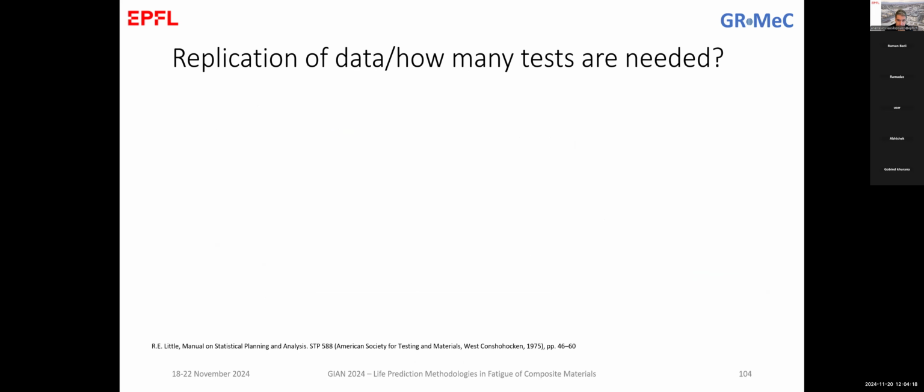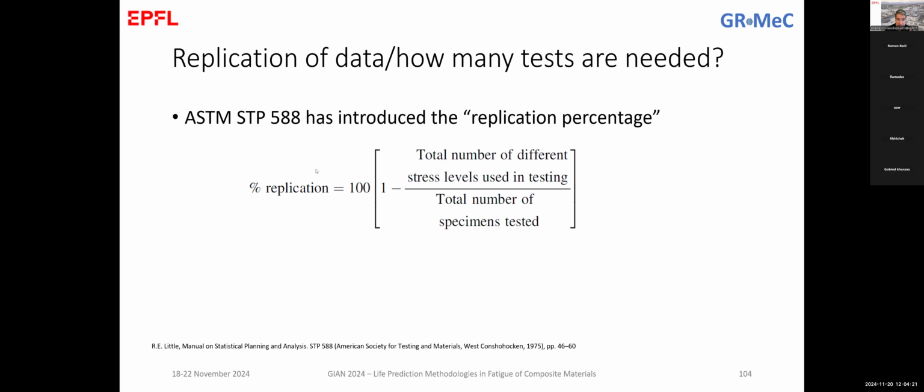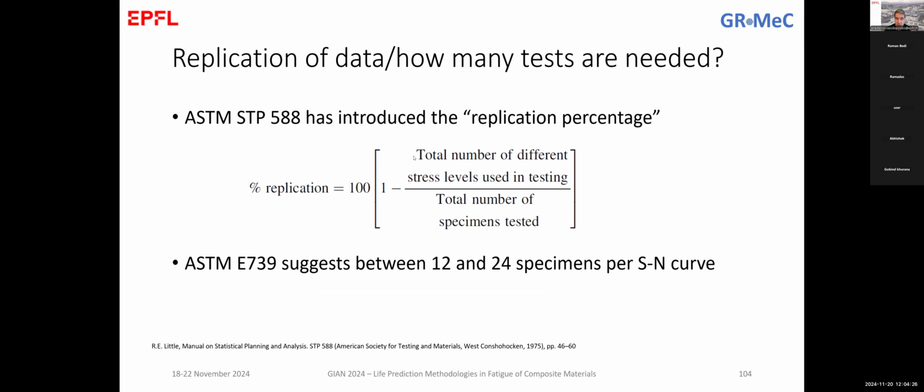So in ASTM and in other standards, there is a recommendation for the repeatability or the replicability of the results. How many specimens we need to test to be sure that we have a statistically correct data sample. And ASTM gives this equation to calculate this.